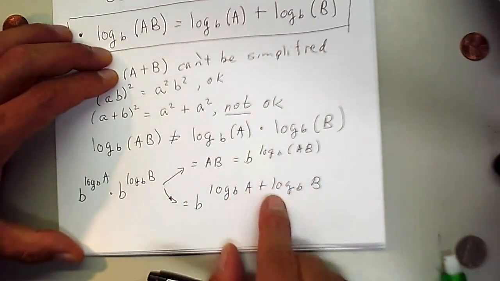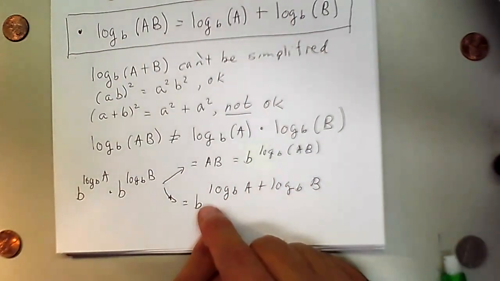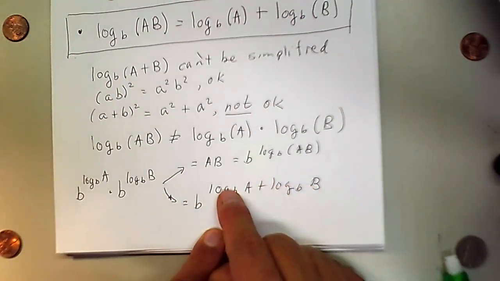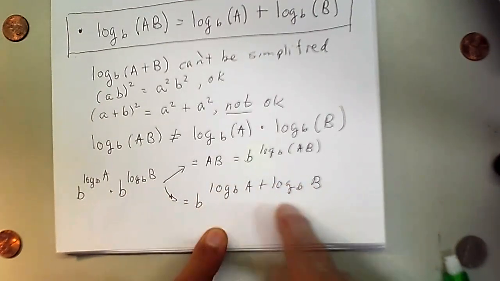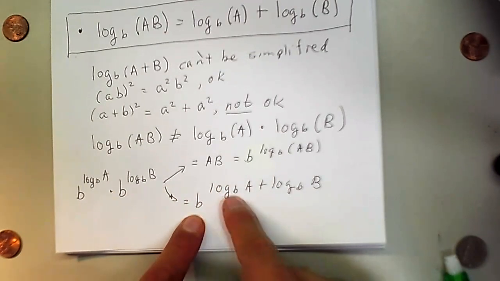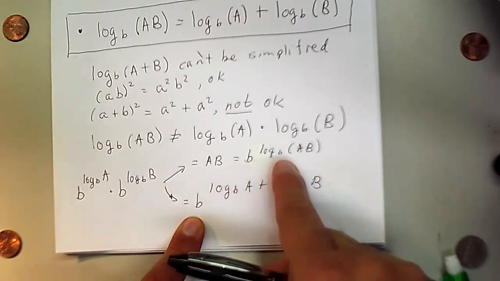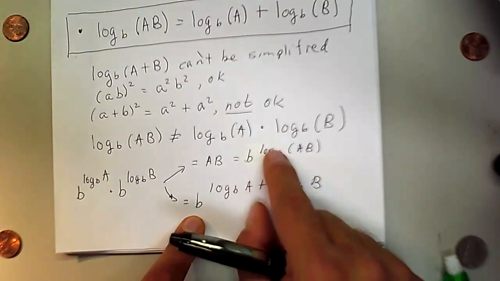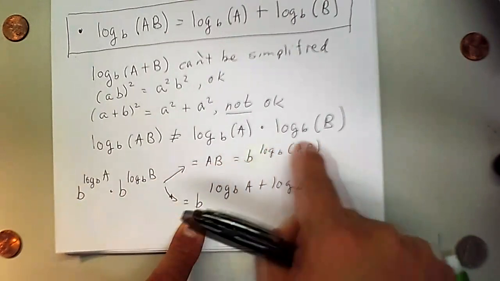I'm not putting parentheses just so that I don't have too much going on in the exponents. So this quantity is equal to this quantity with the same base, and that big, huge exponent. All of that is the exponent of that little b. Here, that is also the exponent of that little b, and this quantity is equal to that.